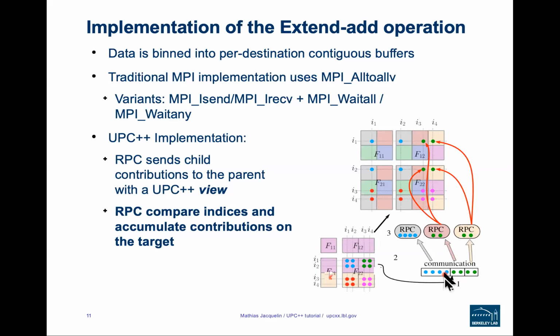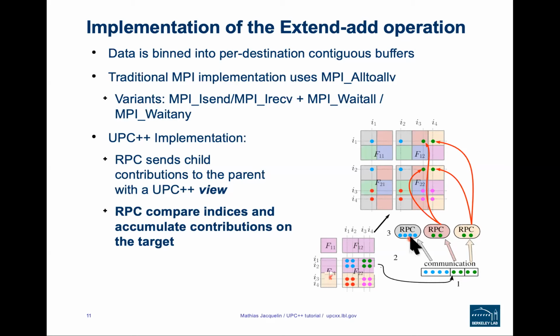And this RPC first sends the contributions, so the blue dots in that case are sent to the processor in gray using a UPC++ view. So this is how the data is shipped to the remote process.